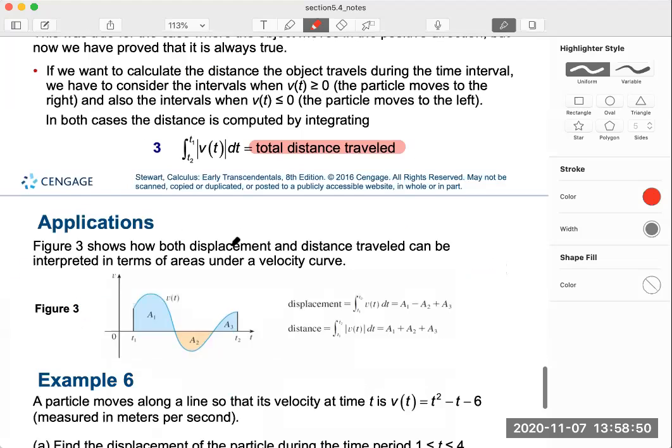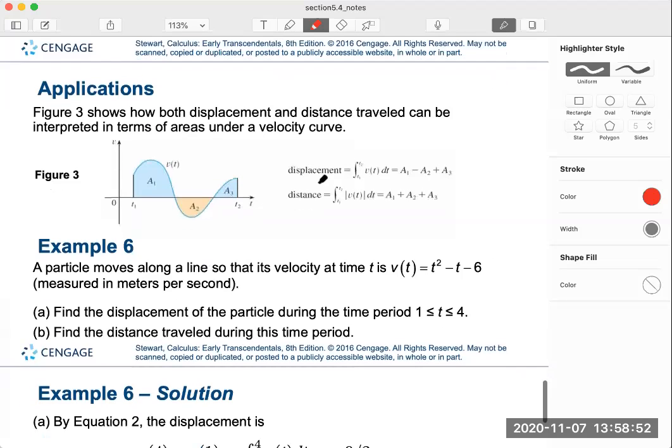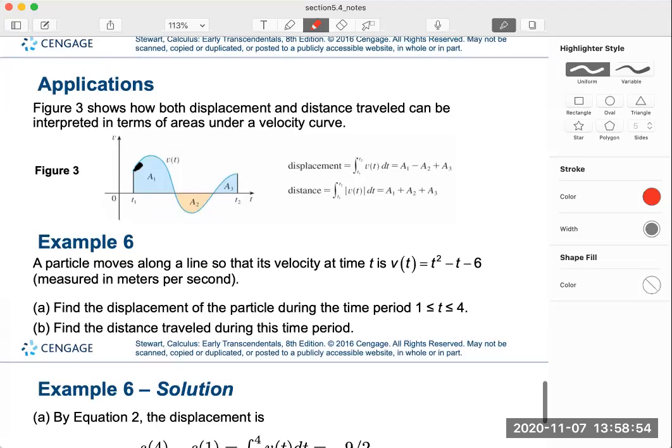You can imagine it as an integral of this function. If v(t) is the graph here, then the integral from t1 to t2 will be the sum of these areas, right?